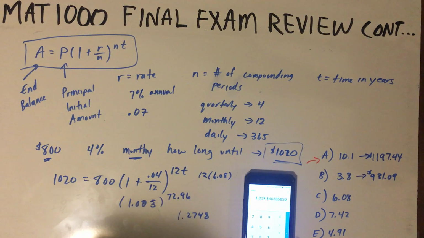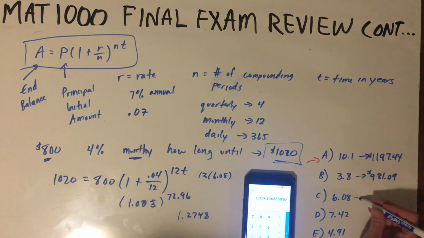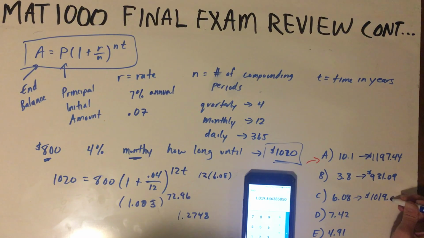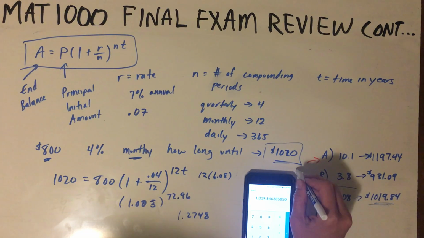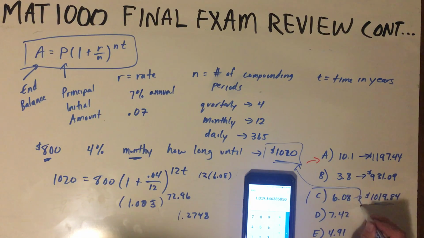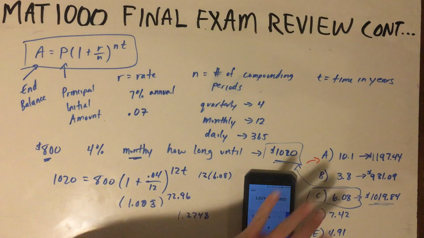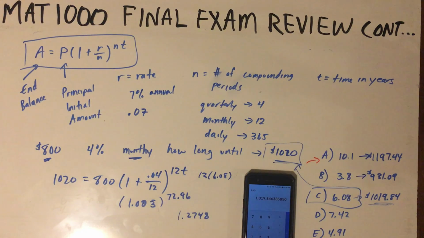And lo and behold, here we get 1,020.84, which rounds to the nearest dollar. So the answer is that it would take me 6.08 years to get that $1,020 that I was wanting. So you're going to reverse engineer this by plugging these into the value of t in this equation.